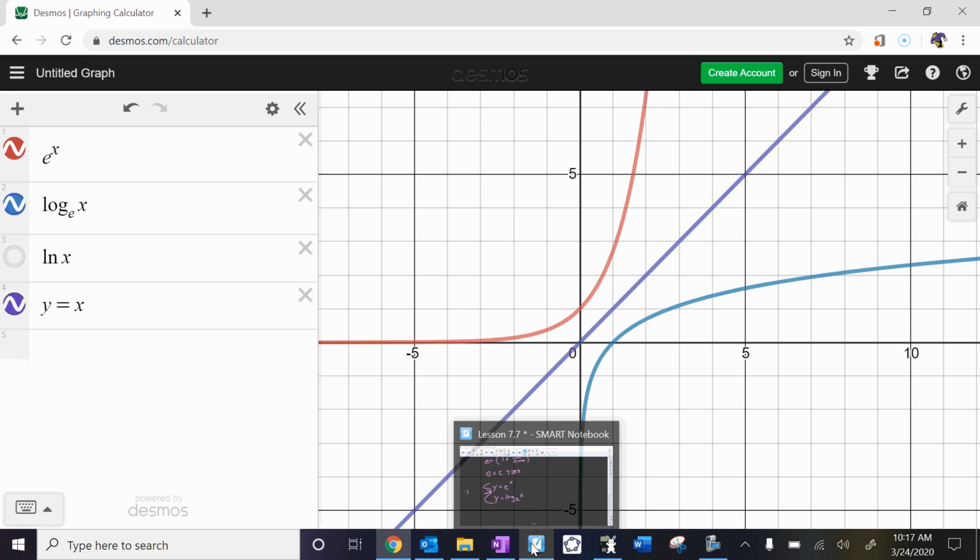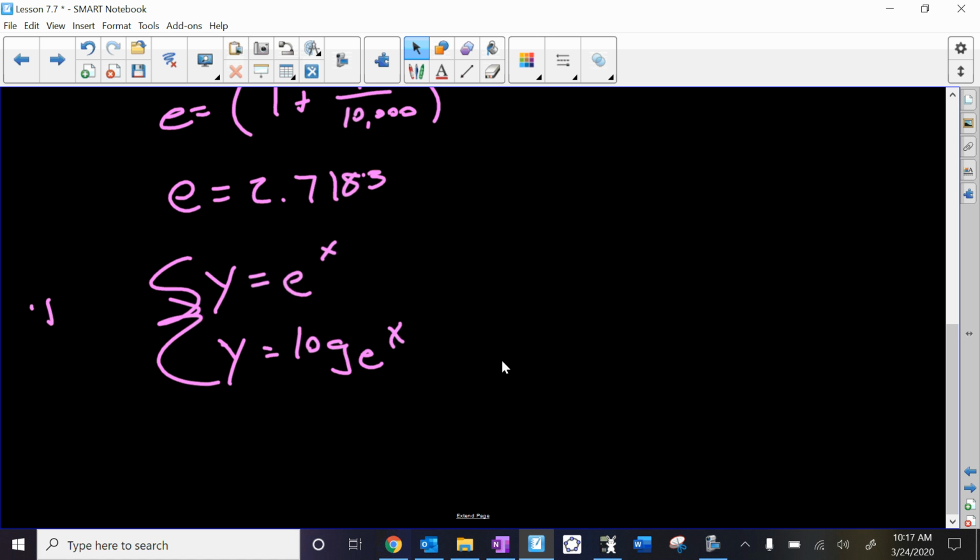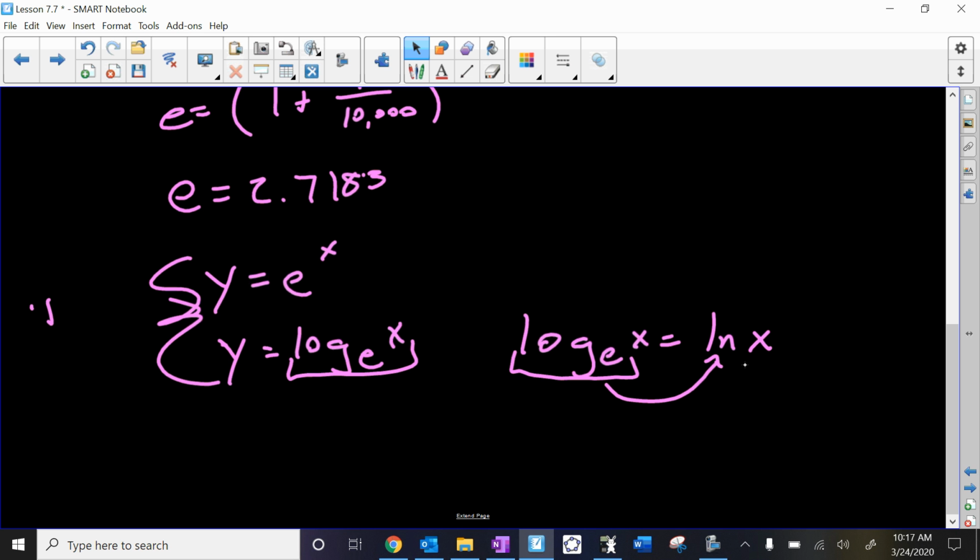Now, since log base e is such a common log as well, we're not really going to write all of this every time. Instead, what we're going to do is we're going to say that log base e of x is the same thing as the natural log of x. Since e is such a common base that we're dealing with, we're going to shorten that and say log base e is the same thing as the natural log.